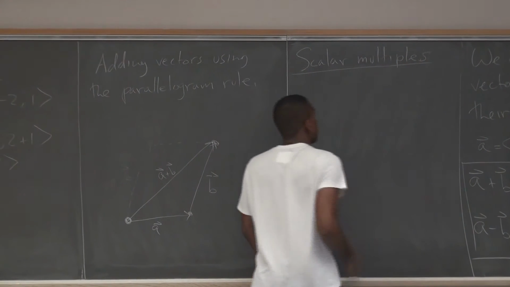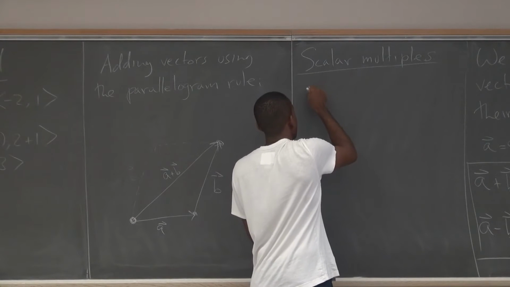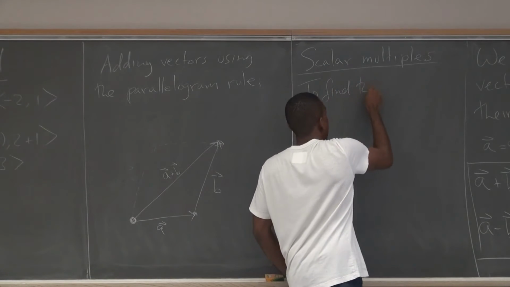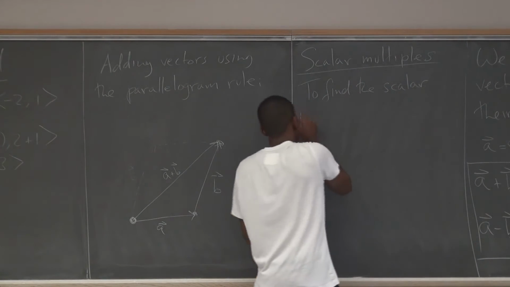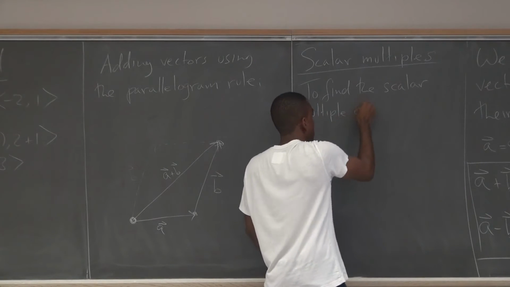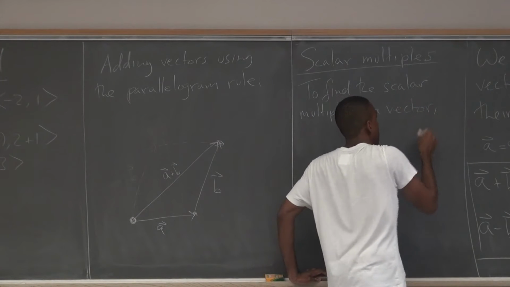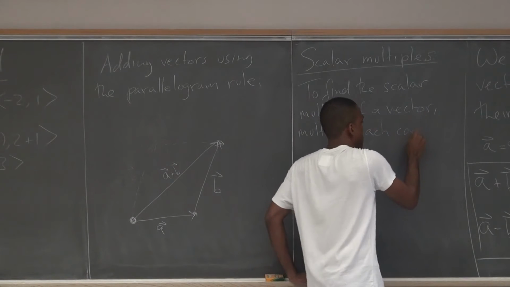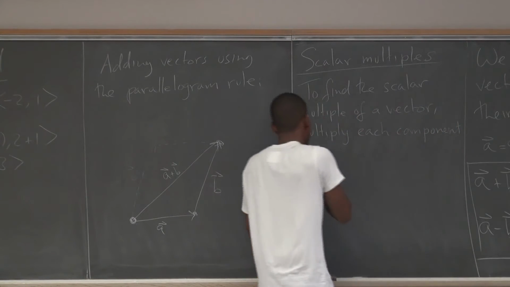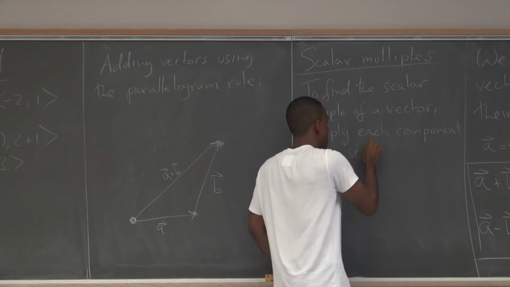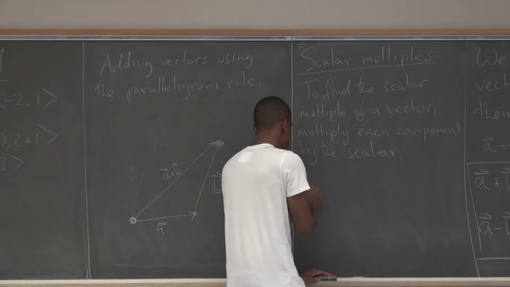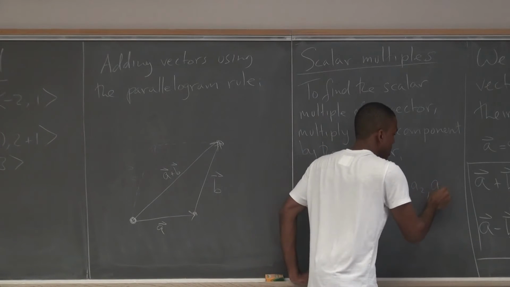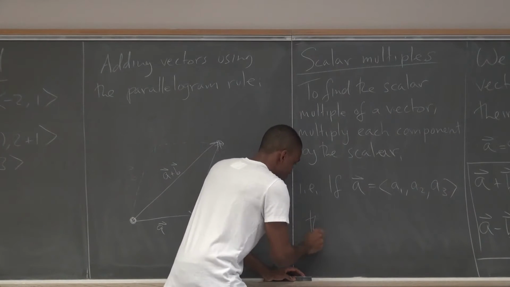How about scalar multiples again? You can algebraically find scalar multiples by simply multiplying each component.